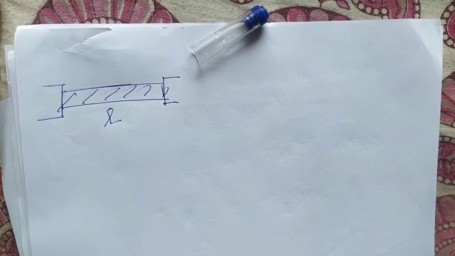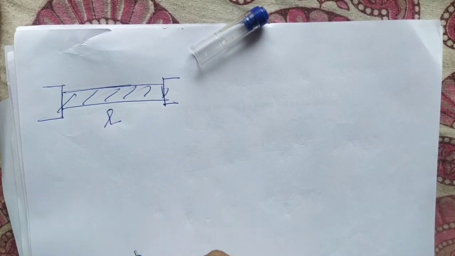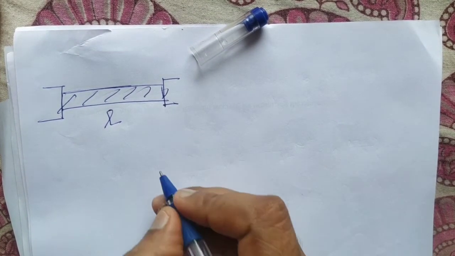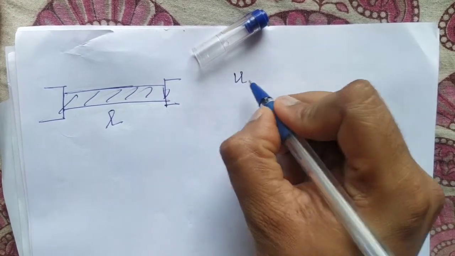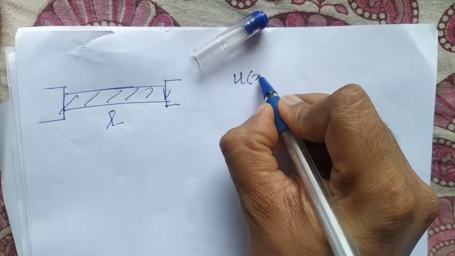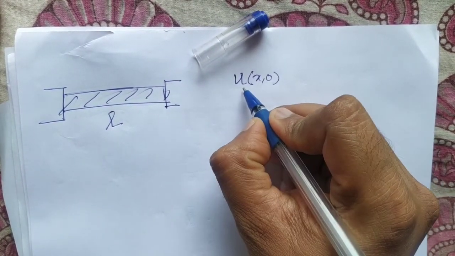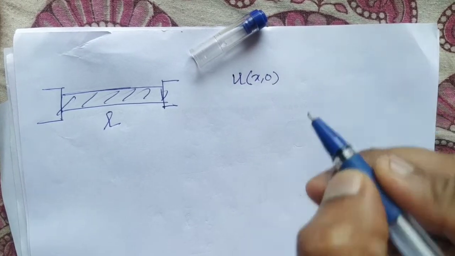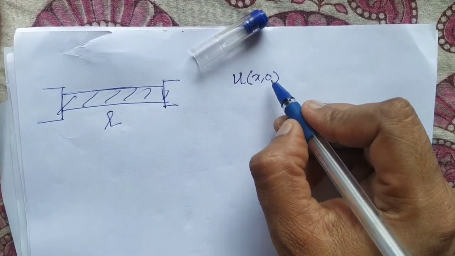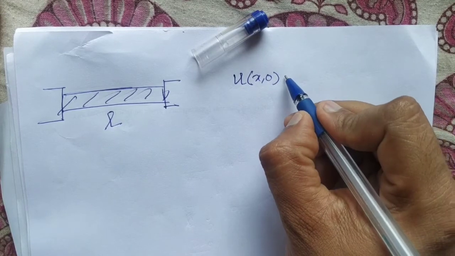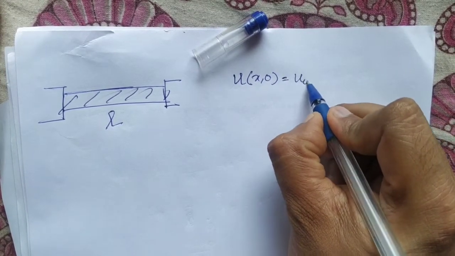Now this is initially at a uniform temperature U0. So this is saying that initially, if your temperature is U, which is a function of x and t, then U(x, 0) is equal to U0.